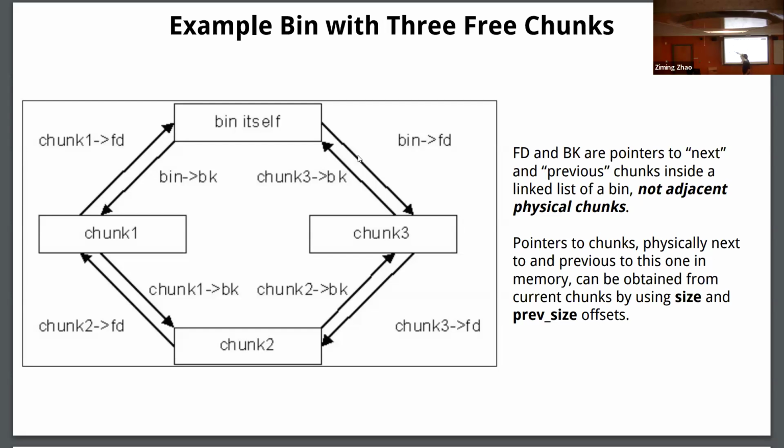Because this one is freed first, this one second, this one third. Okay. So the head will point to the last freed one. So the head pointer will point to chunk 3. Chunk 3's forward pointer points to chunk B. Chunk B's forward pointer points to chunk A. Then go back to the bin itself. So this is a doubly linked list, right? It's doubly linked.